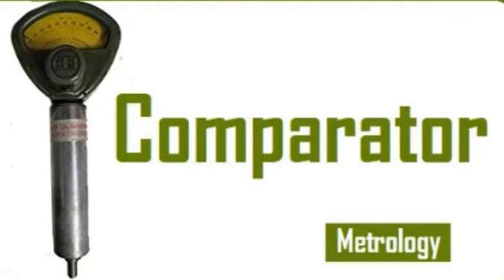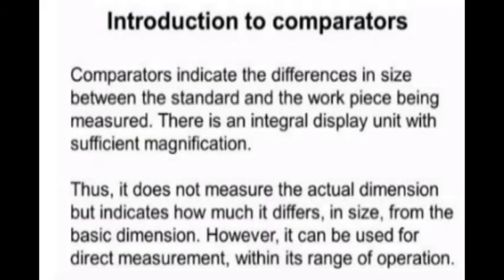There is an integral display unit with sufficient magnification. That means it does not measure the actual dimension of the workpiece, but it indicates how much it differs in size from the basic desired dimension.